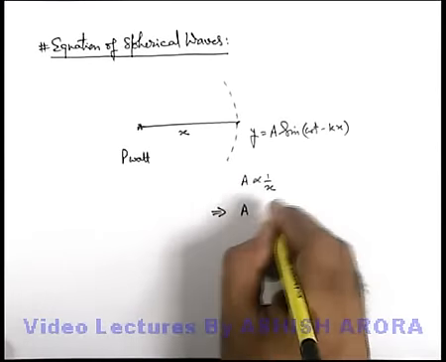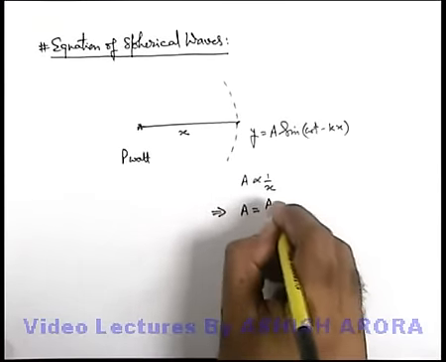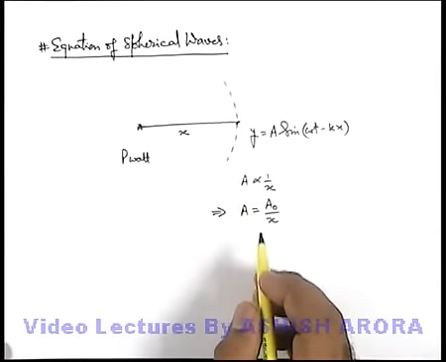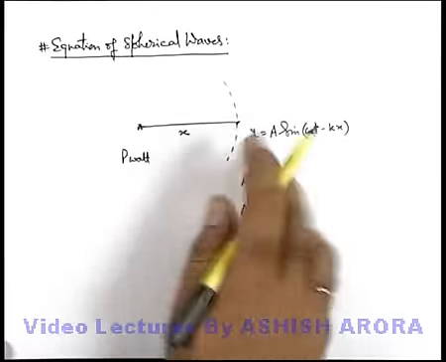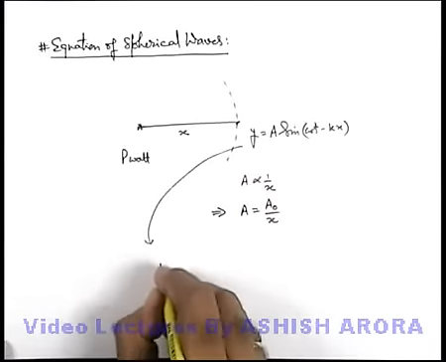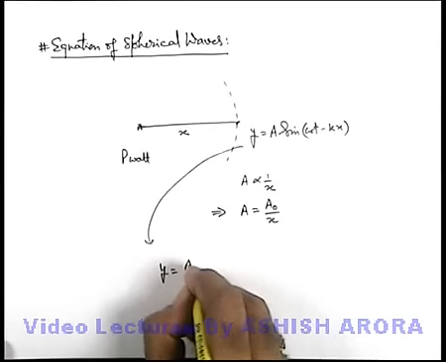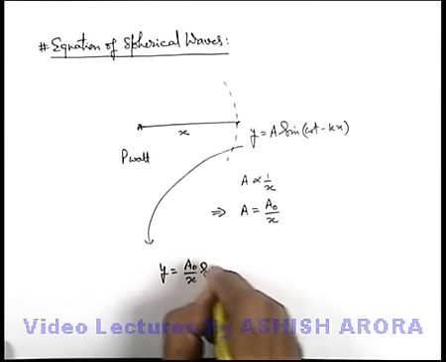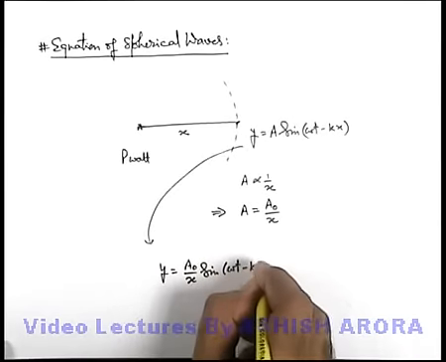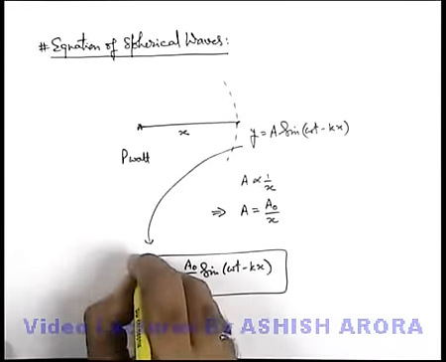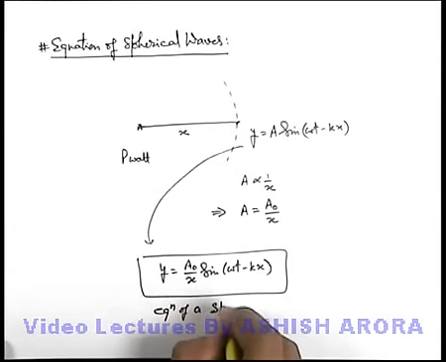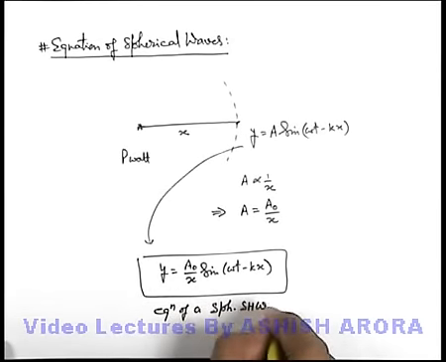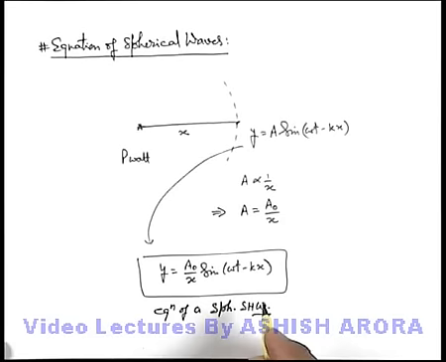So we can introduce a proportionality constant, and amplitude can be written as A naught by x, where A naught is the amplitude at unit distance from the source. So we substitute here, and the wave equation can be written as A naught by x sine of omega t minus kx. This is the equation of a spherical simple harmonic wave which propagates radially outward from a point source.